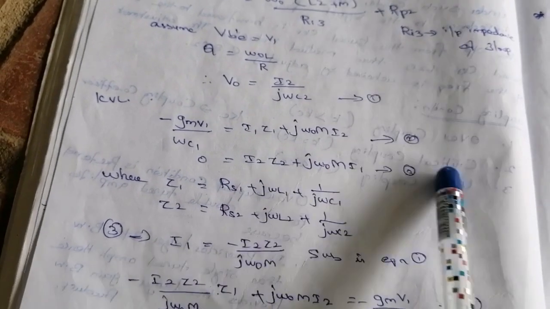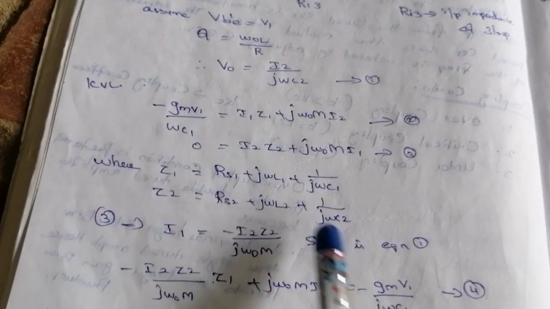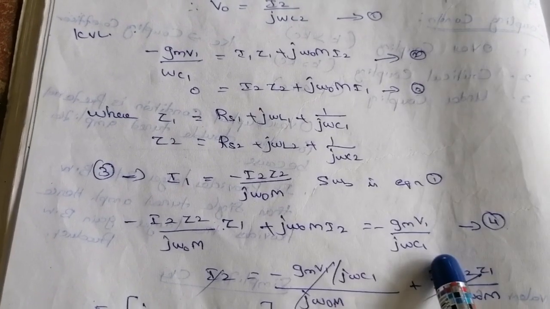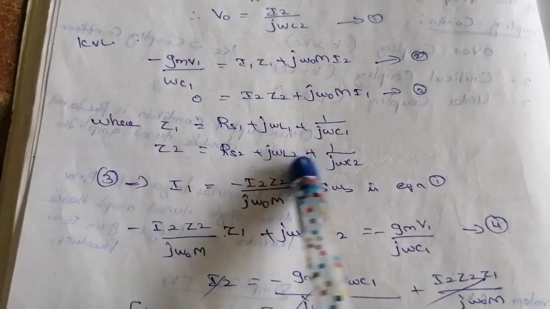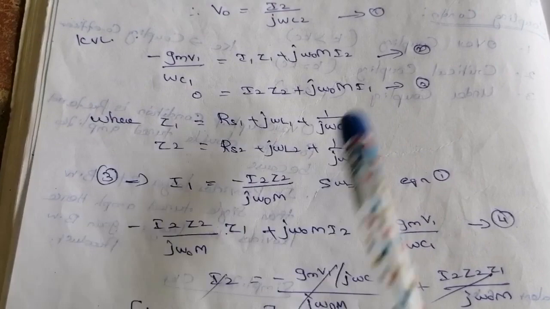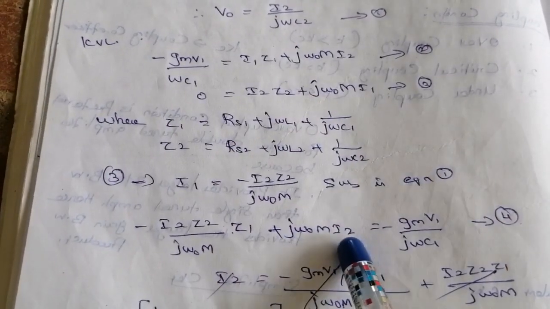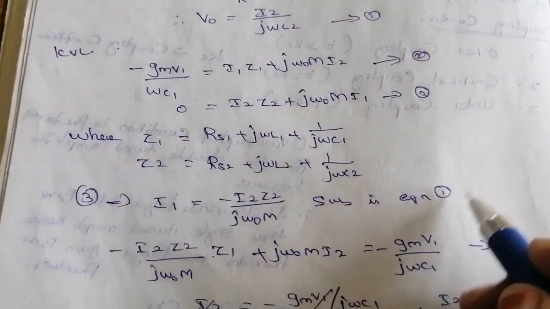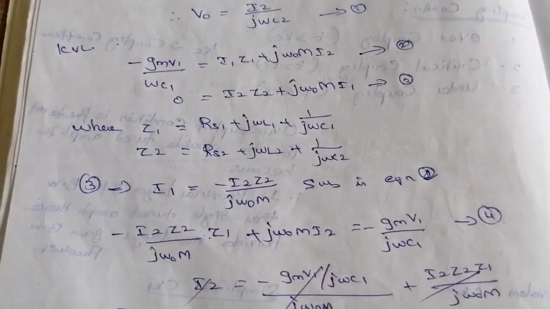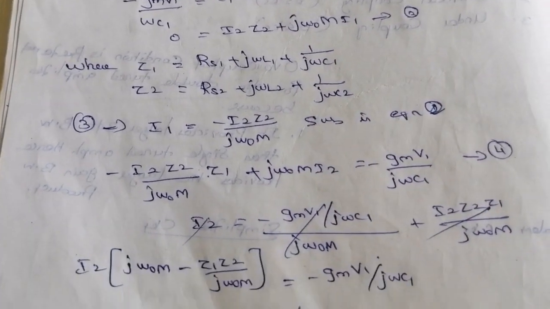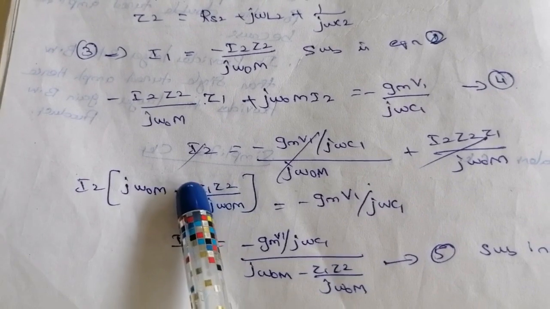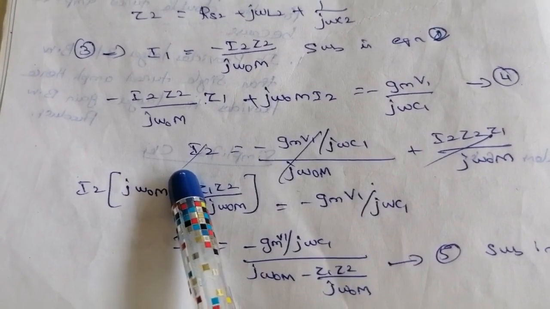Substituting in equation 3, it is minus GmV1 divided by j omega C1 equals I1 Z1 plus the second term j omega naught M I2. From that we have to find I2.